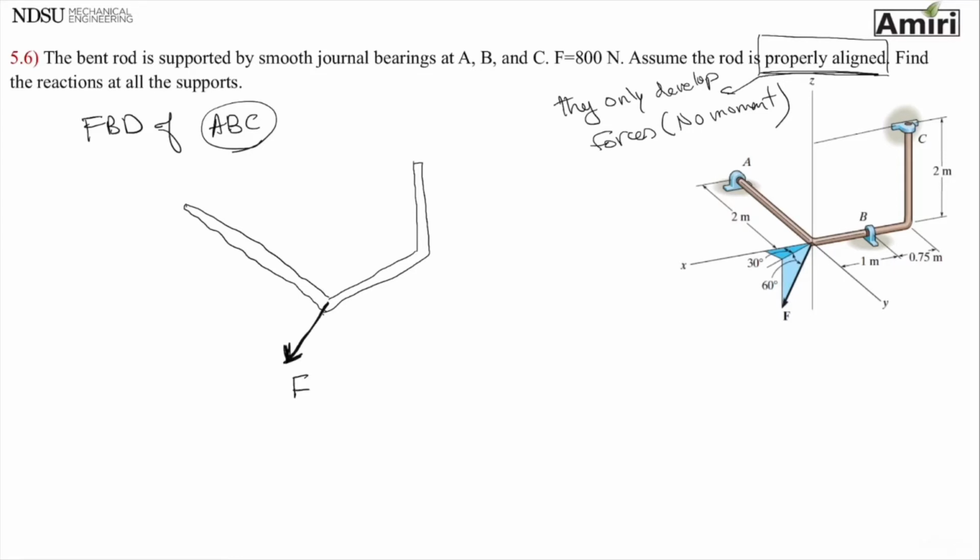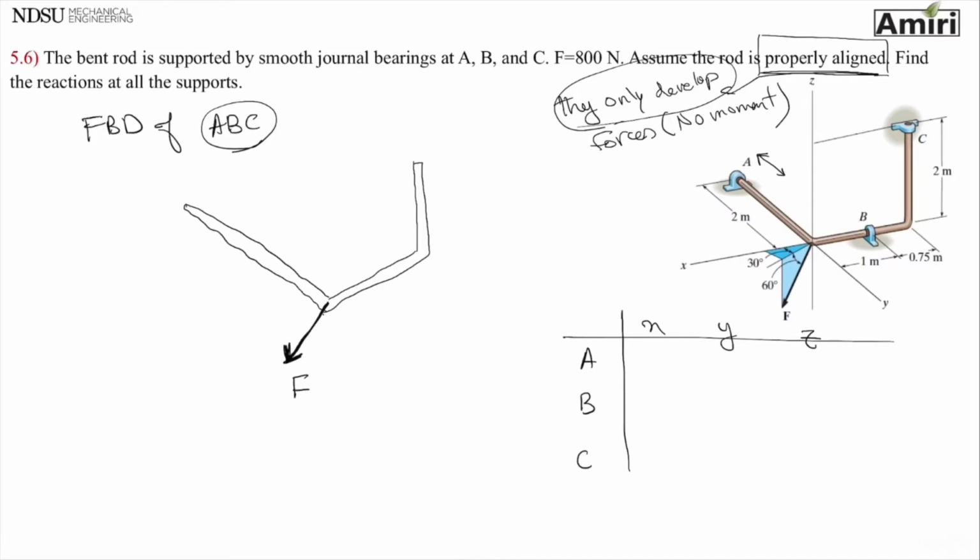Now I have 3 bearings, A, B, and C, that only have forces. So all I care about is the X, Y, and Z, and to see which way they're moving and which way they're not moving. I said a journal bearing has the possibility of moving back and forth.